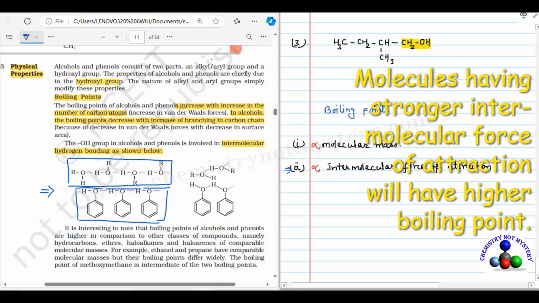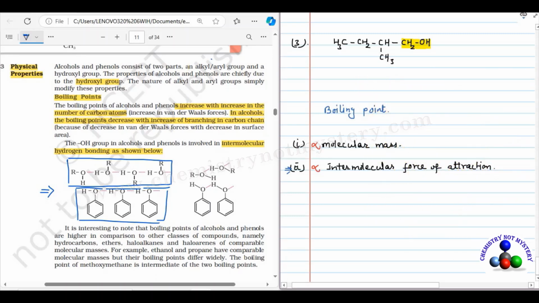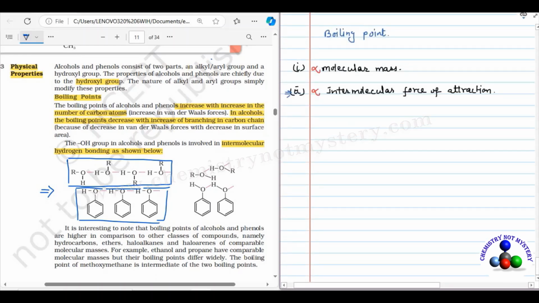Now come to the second factor, that is intermolecular force of attraction. Generally, every molecule has weak van der Waals force of attraction. But in addition to van der Waals force of attraction, if any molecule has dipole-dipole interaction or hydrogen bonding, it increases the boiling point of the molecule. So let's try to understand it. For example, there is methanol, CH3OH, and another is ethanol, C2H5OH.